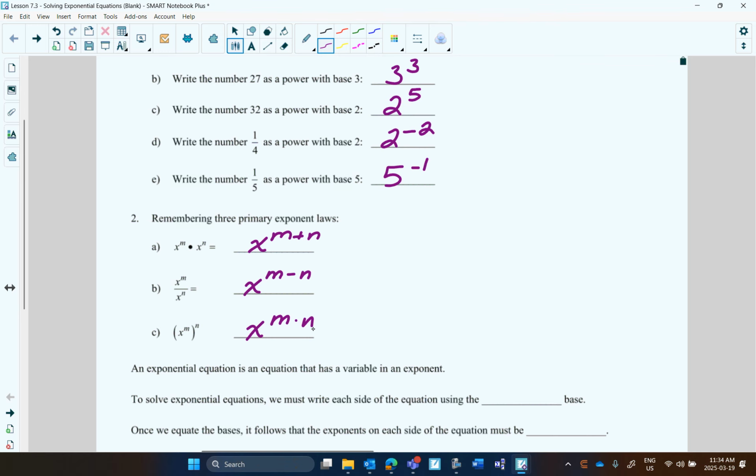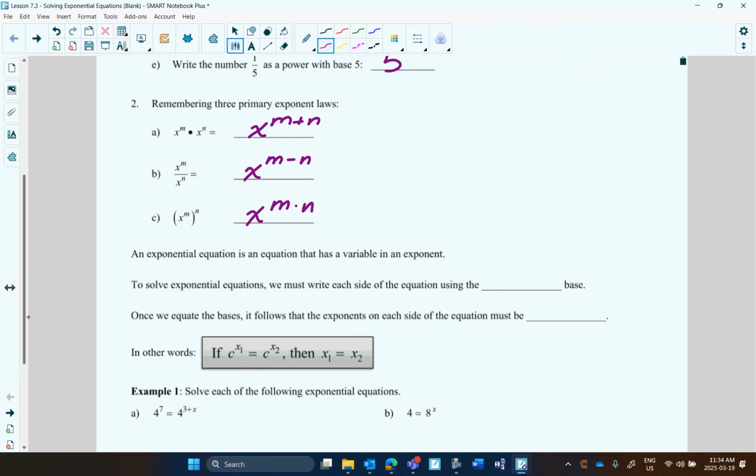So how do we solve these when they're more challenging, when they're not so simple that we can do it in our heads? What we have to do is take each side and make it into a power where the base is the same. Okay? And it logically follows that if the bases are the same, the exponents must be the same.